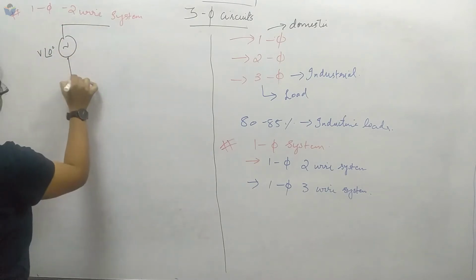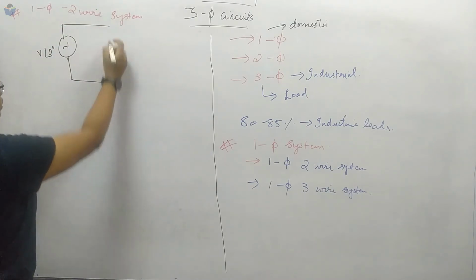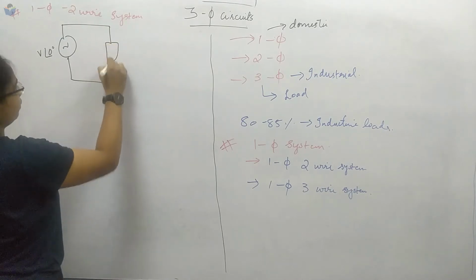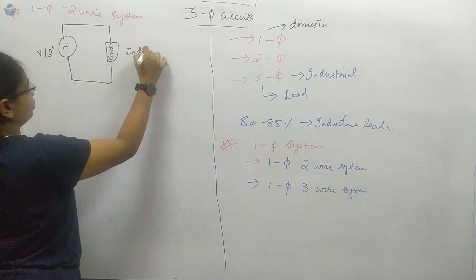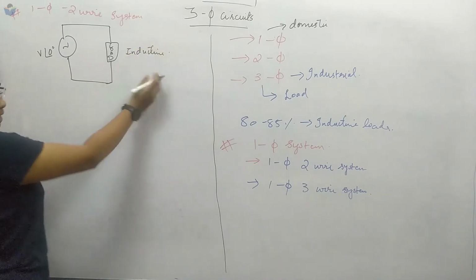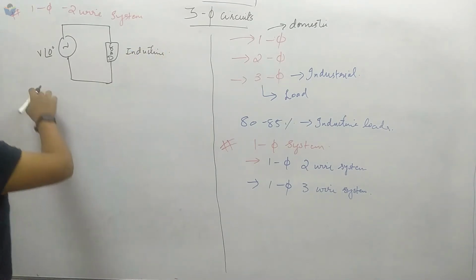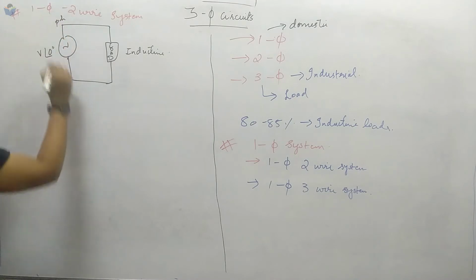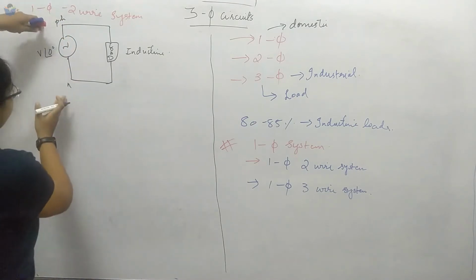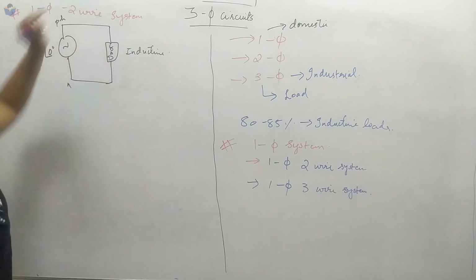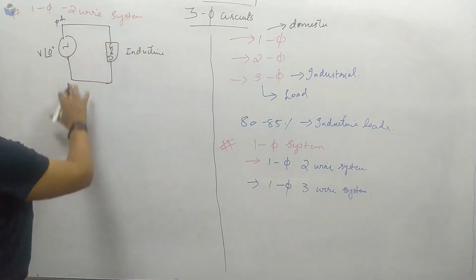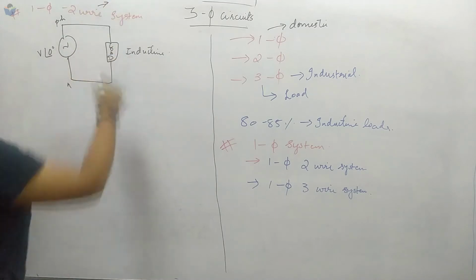And this is one wire and this is the second wire, where we will have the load connected. And what type of load? Inductive. You can take any type of load. Now this point we will call phase and this is neutral. So in between these two, this is the neutral line and this is the phase line. This is one wire and two wire, hence a two-wire system.